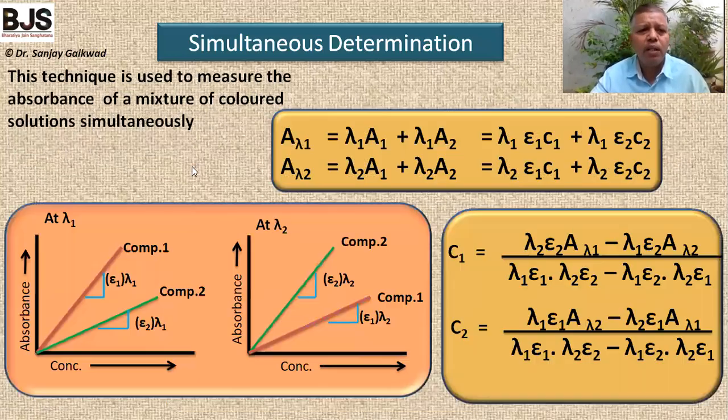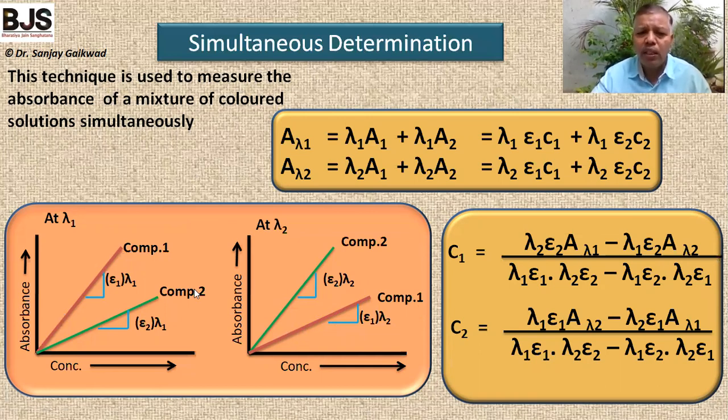Now for these equations, we have to plot the graph of the absorbance for both components at lambda 1, and this graph is for both components at lambda 2. The first component gives the higher absorbance at the first lambda max, and the other component at lambda 2 gives a lower absorbance.